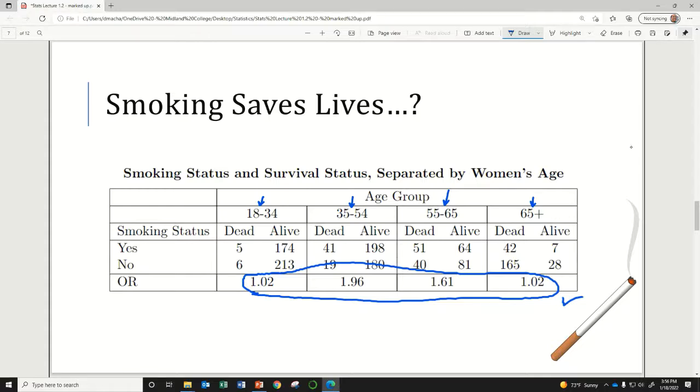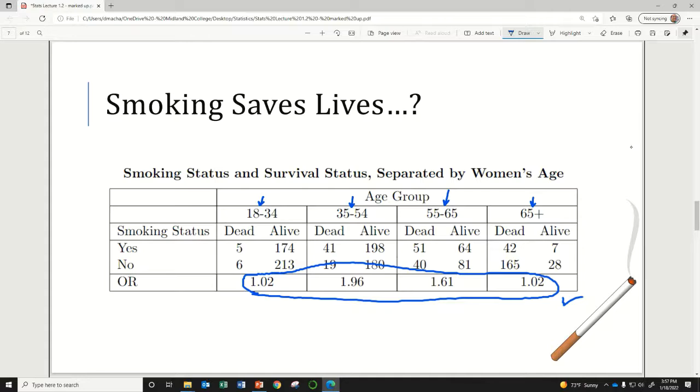And when I divide them up into age groups, and we do the same analysis, we count how many were dead at the end of the interval, and we calculate the percent mortality of each group, and we calculate the same odds ratio, we find that for each of these 4 age groups, the odds ratio is greater than 1.